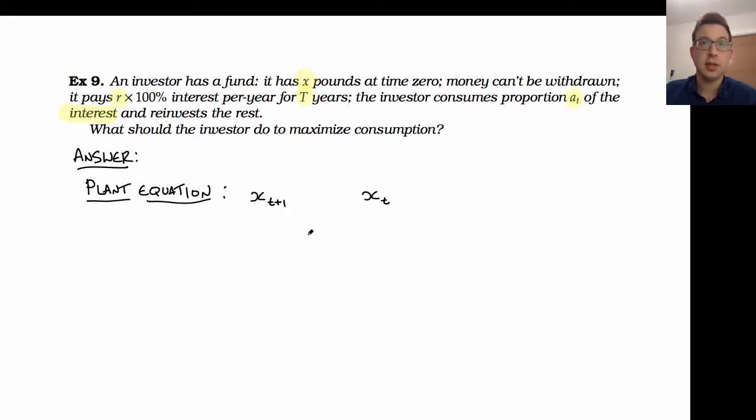We know that this pays an interest of R, so that's the interest that we get. Then A of T of that we consume, and so 1 minus A of T of that is reinvested back into the fund. So the amount of money at time t+1 is equal to the amount of money at time t plus the amount of money that's put into the fund at time t from the interest.